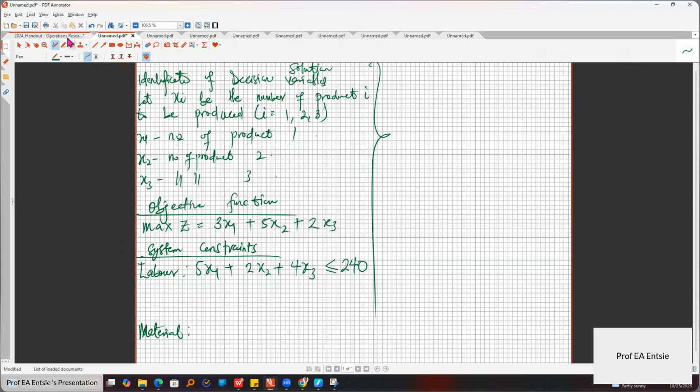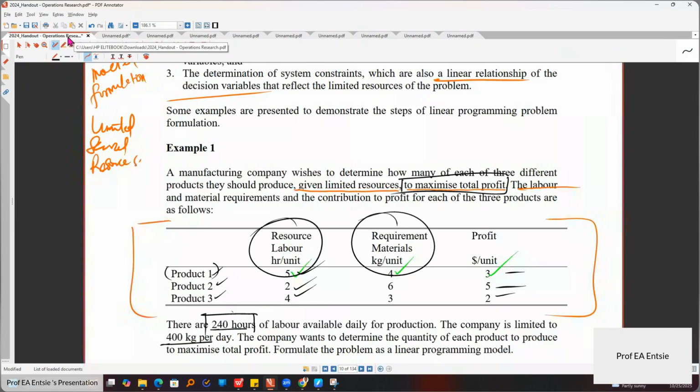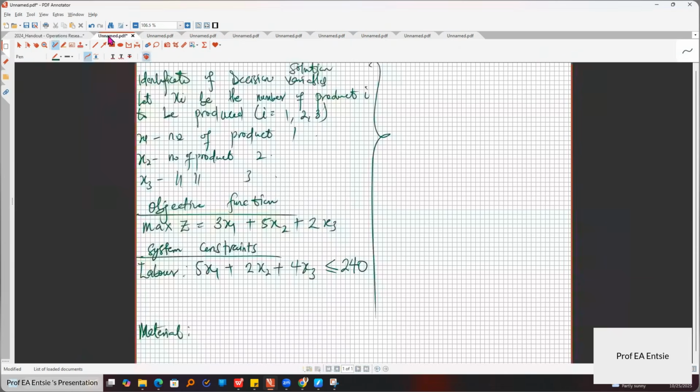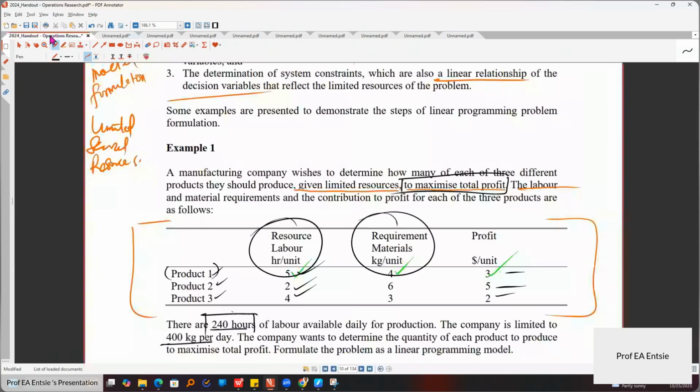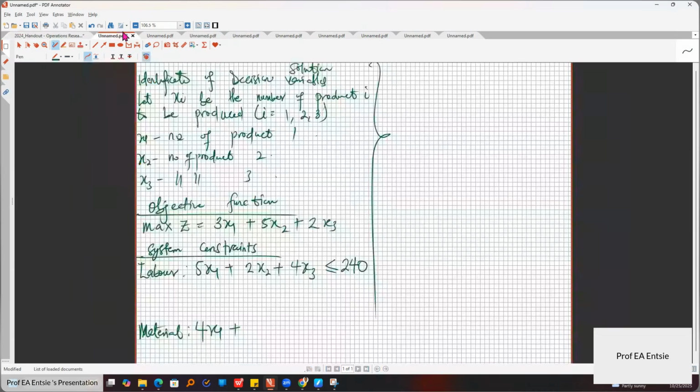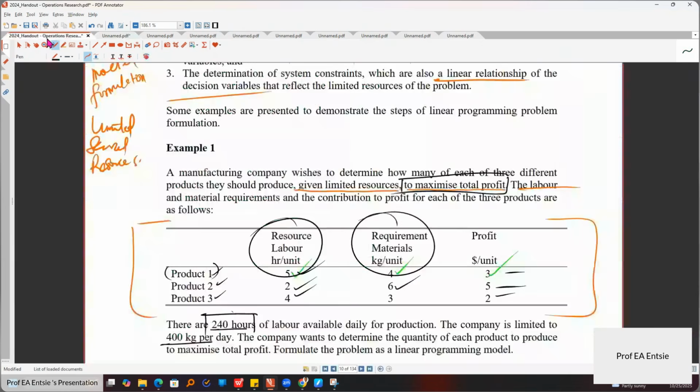Then materials. For product one, we need 4 kilograms per each product one quantity we produce. So it will be 4 of the quantity of product one we produced, plus 6 of product two, plus 3 of product three.